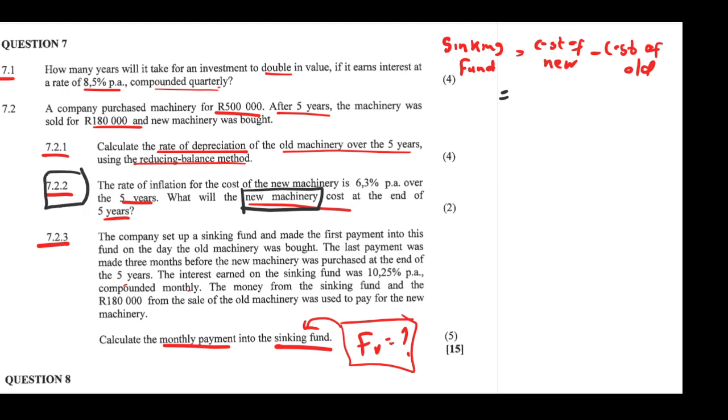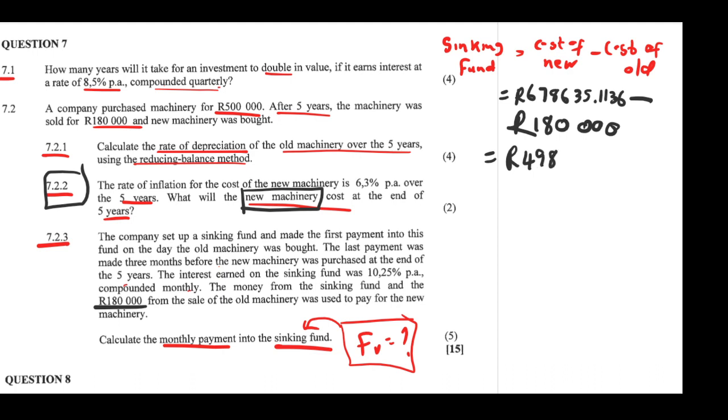In 7.2.2, we found it to be 678,635.1136. And then we subtract the cost of old. Cost of old is 180,000 Rand, right? So it's just going to subtract 180, and the sinking fund is going to be 498,635.1136. So this is the sinking fund, right?